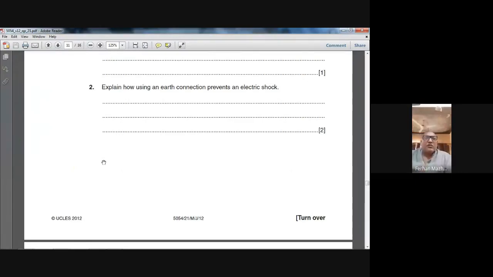You see, what happens is that when you connect the earth wire and the casing also becomes live, the current will go to the ground through the earth wire. The resistance of the earth wire is less than the resistance of the human body. So most of the current will go through the earth wire instead of going through the person who touches the heater.